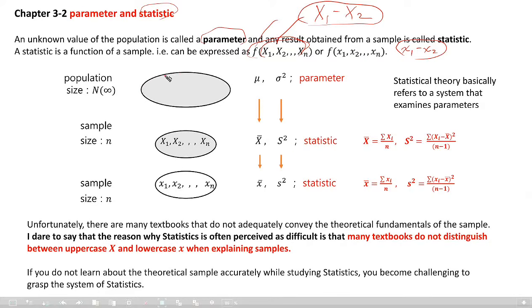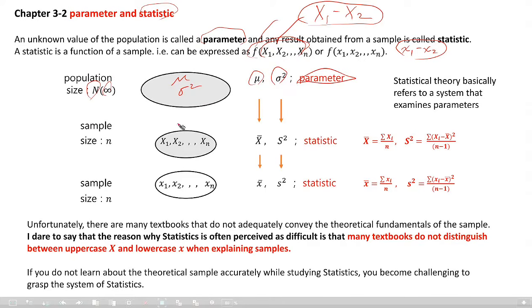There is a population, of size capital N, or infinity. There are so many data here, unknown values. And we know there is a mean mu and variance sigma square, also unknown, because you do not know the values in the population. So we call them parameters.